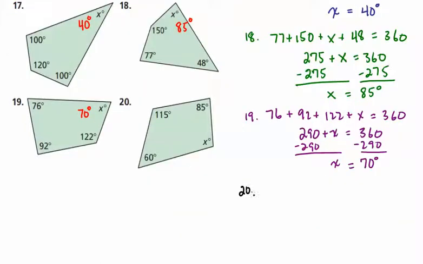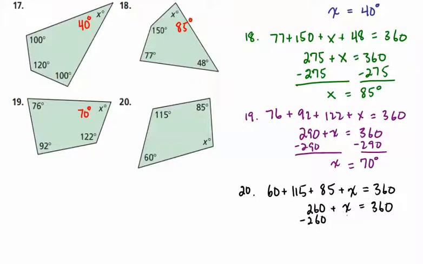Okay, in problem number 20, we have degree measures of 60 plus 115 plus 85, and the unknown of x, again having to equal 360 degrees. And when we add together 60, 115, and 85, we end up with 260 plus x has to be 360.